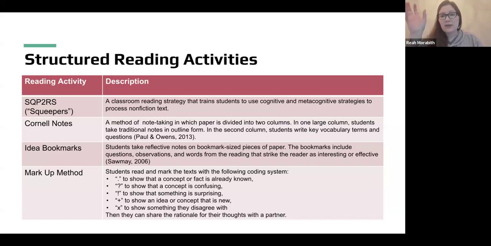They might even just draw pictures of the basic ideas of the outline, and then adding vocab, those main vocabulary words, and maybe some questions they have about the text. So within even these structured reading activities, you can scaffold them to fit your students' proficiency level.